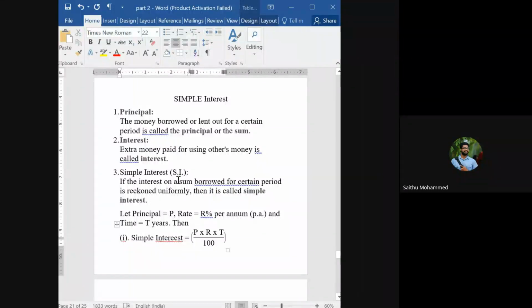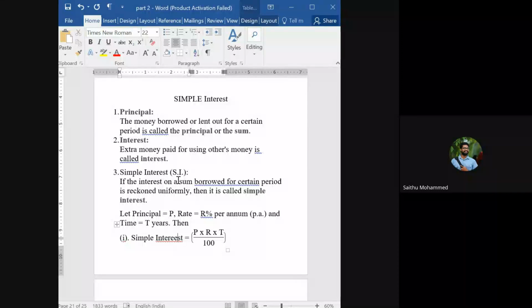In simple interest, if we are lending or borrowing an amount, and a particular amount is charged monthly or yearly, that is an extra money we are paying for using or borrowing a particular amount of money. That is what interest is.